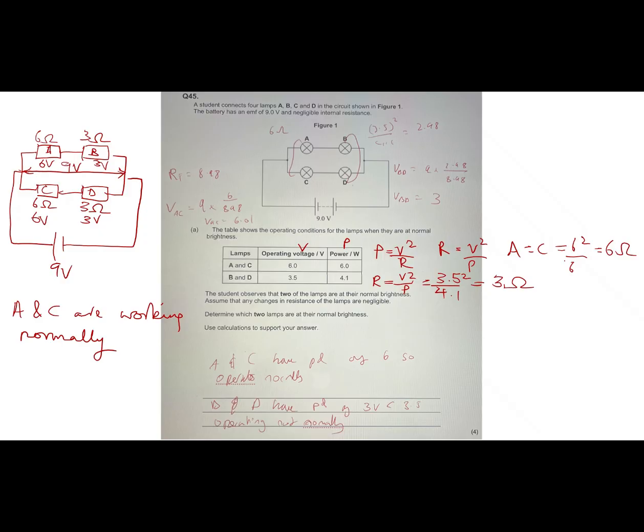And B and D require 3.5 volts, but they're only getting 3 volts, so B and D are not at normal brightness. If you look at what you put there, you pretty much got it. So that's good.